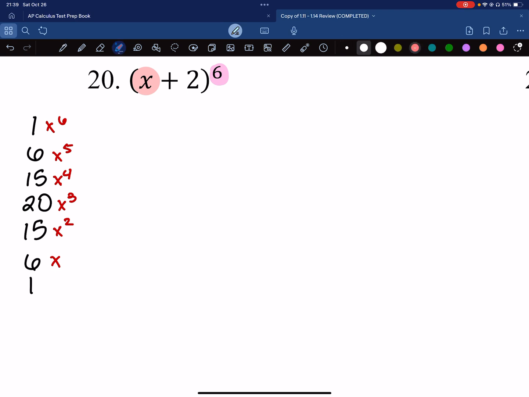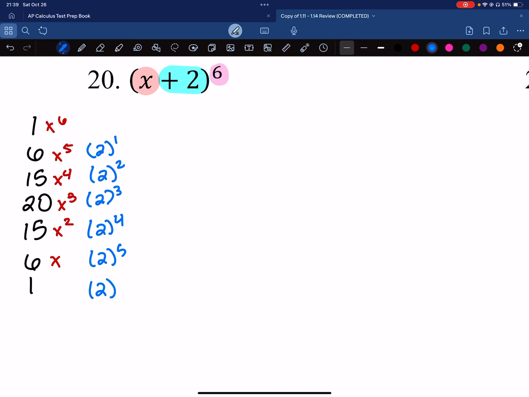Then my second term is a positive 2. So that's going to start with nothing and then 2 to the 1st, 2 to the 2nd, 2 to the 3rd, 2 to the 4th, 2 to the 5th, all the way to 2 to the 6th.